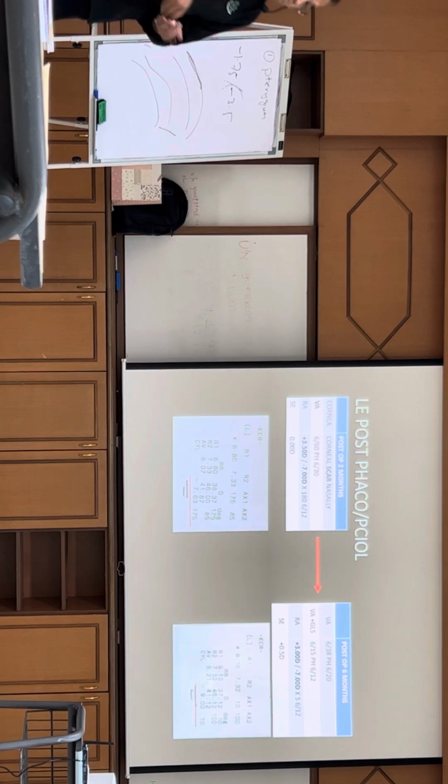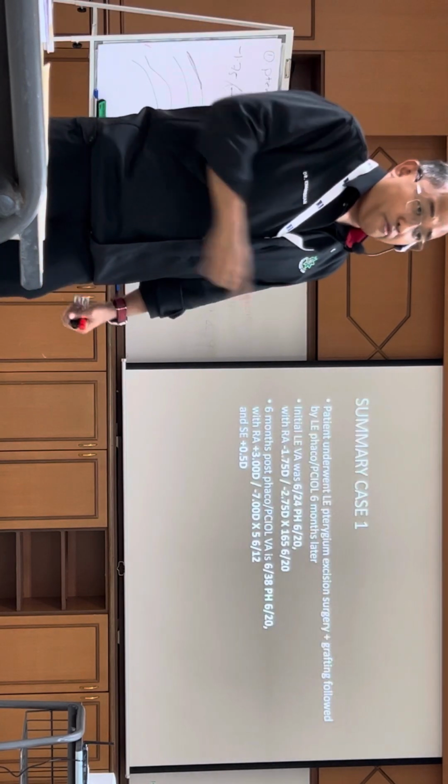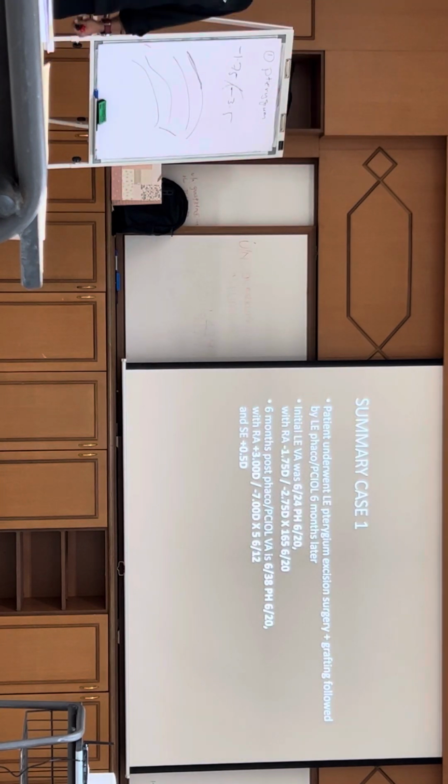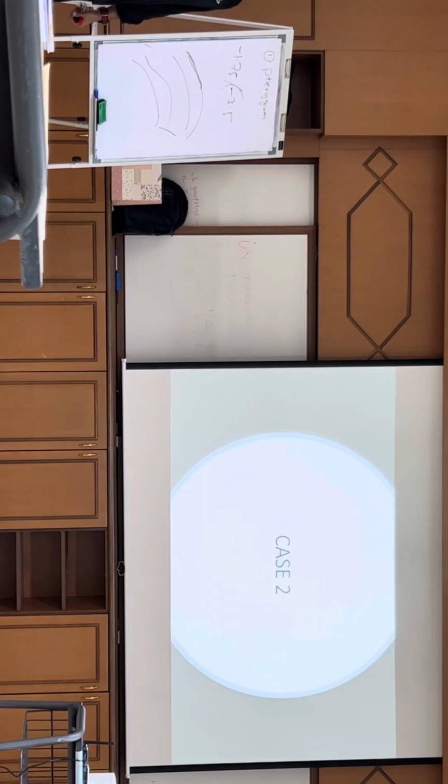So this patient, is there any other treatment you can help them with? Of course, there's a lot. First and foremost, again, we have to look at the stability, whether it's stable or not. If it's regular, you can actually put a piggyback lens, a Sulcoflex lens. If it's not that bad, the corneal refractive surgery can actually handle that as well.